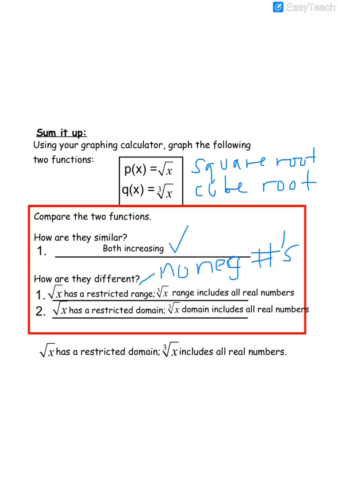I'm sorry, this number goes here. I apologize. So the square root of x does have a restricted range because the answer can't be negative. So square roots are never negative.